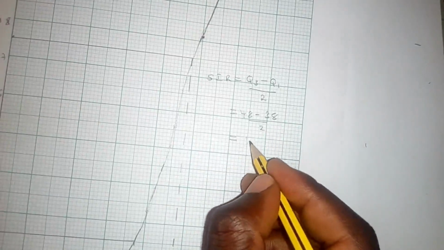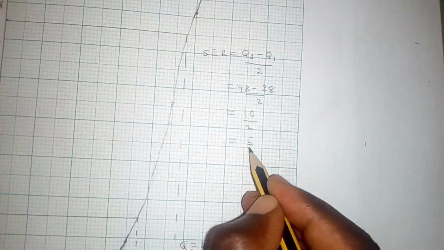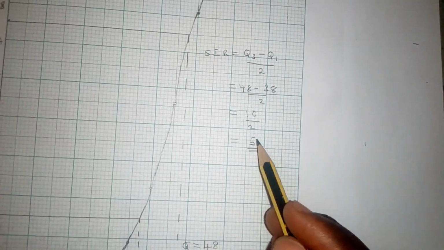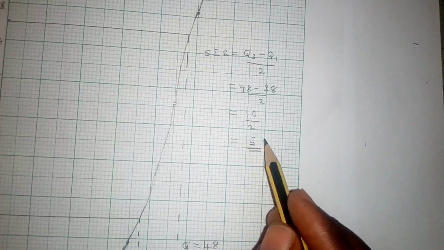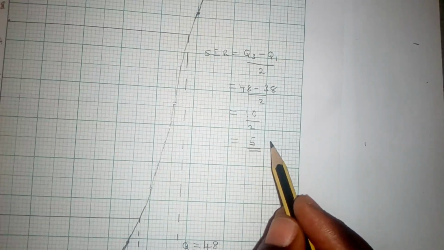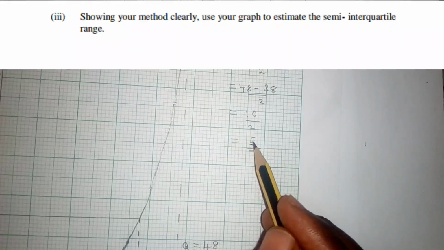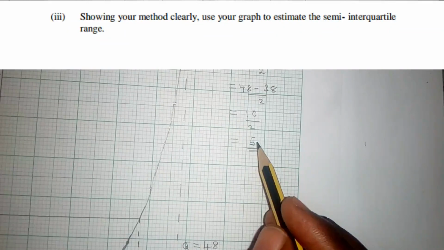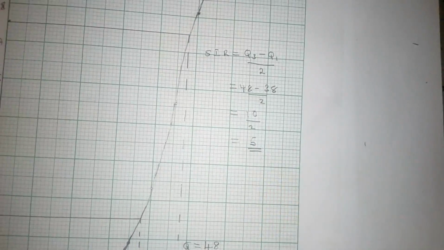When we solve here, it will be 10 over 2. And our answer will be equal to 5. So our answer is 5. Now on the same interquartile range, if you find 6, any number between 5 and 6, you can be marked, or any number between 4 and 5, you can still be marked. So that's it. We go to the next question.